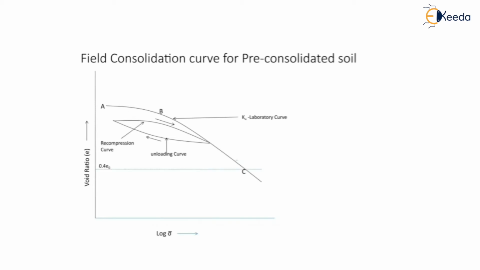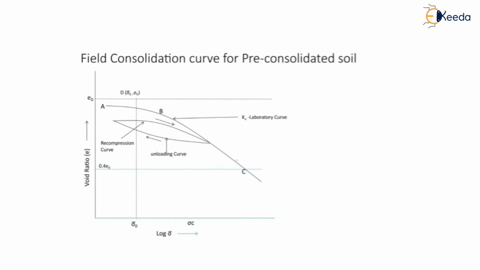Now point C again corresponds to a void ratio of 0.4 e naught, where e naught is the initial void ratio in the field. Point D represents the initial void ratio in the field and the initial overburden pressure in the field.